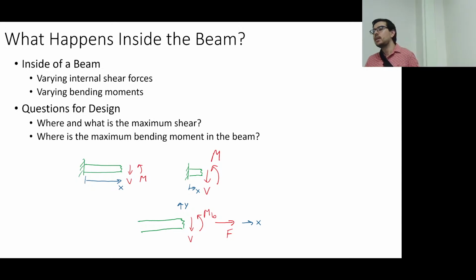It turns out for beams, we care more about the bending moments than the shear forces in terms of calculating whether or not it will break, and also in terms of how much deflection it has. But we'll go through both in detail.